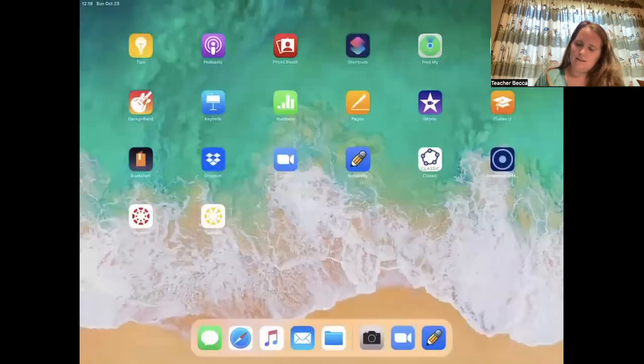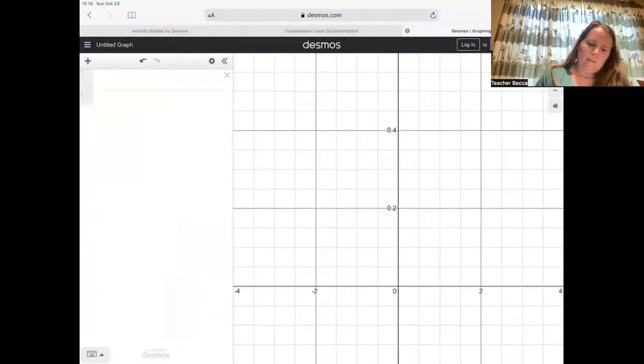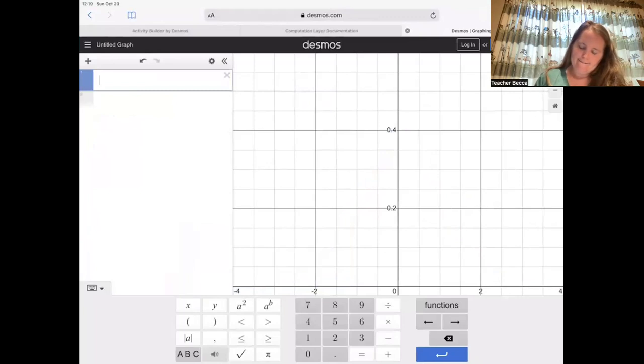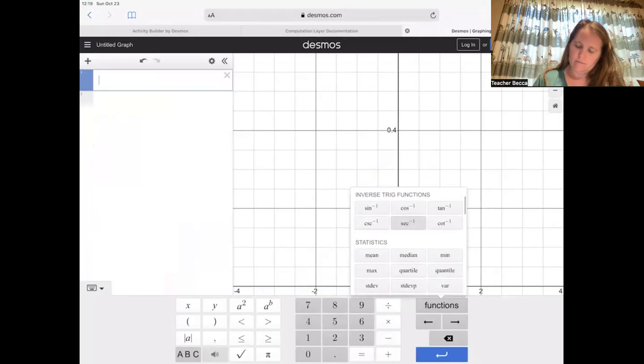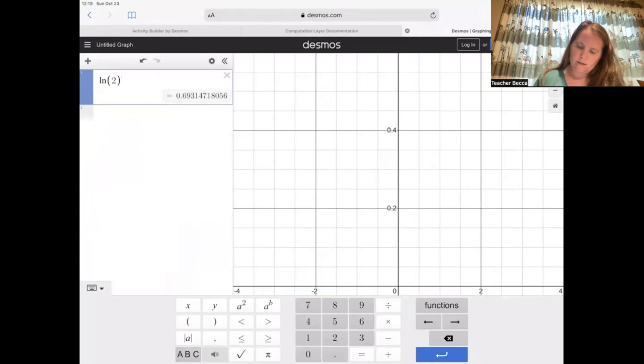So if we plug this into Desmos, we had the natural log of 2 times 2 to the x times x minus 2.